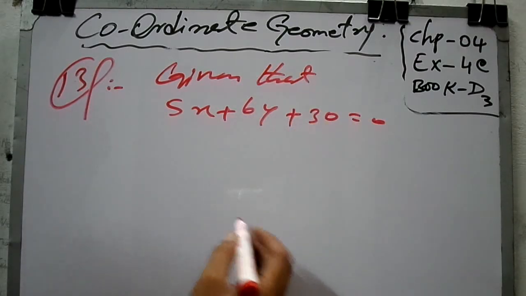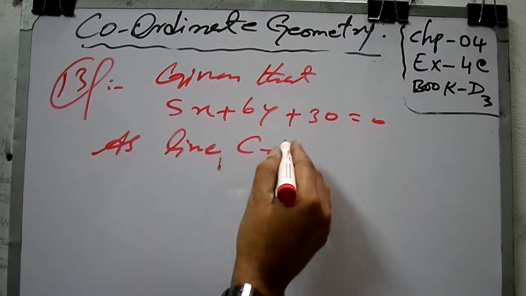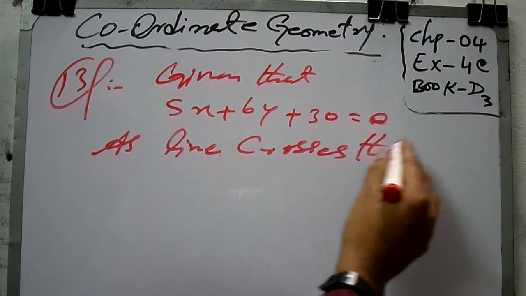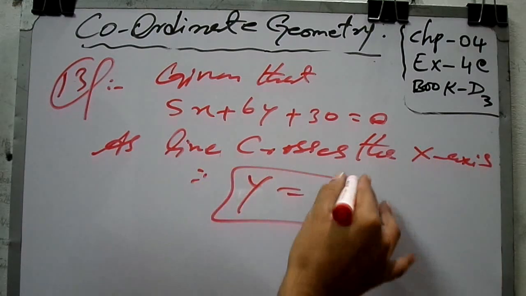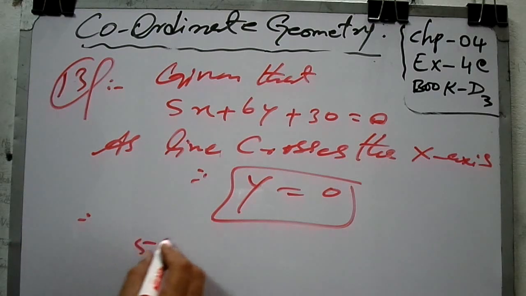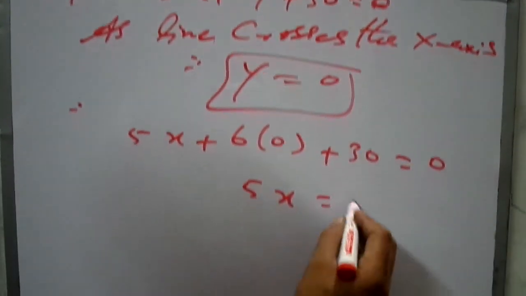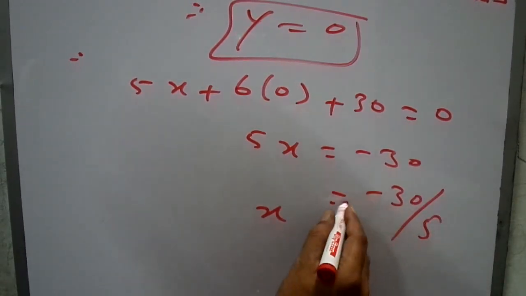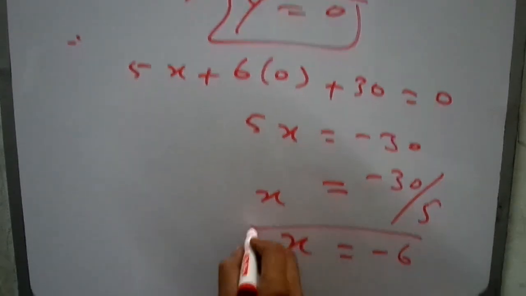So as the line crosses the x-axis, therefore y is equal to 0. So therefore the equation becomes, in the above equation we have to put the value of y as 0. So therefore the value of x, you will get the value of x as minus 6.